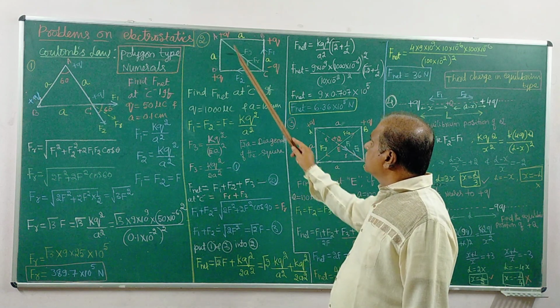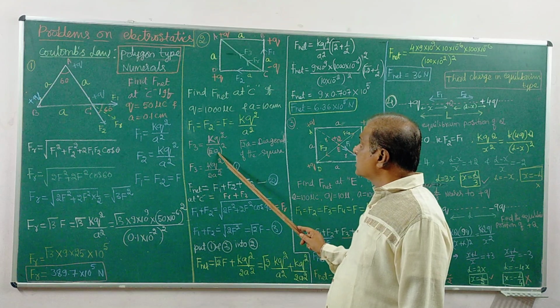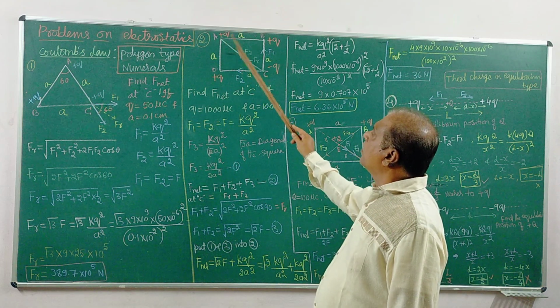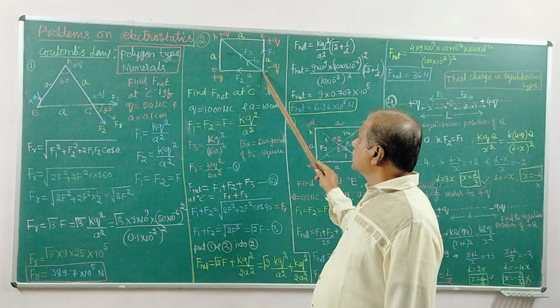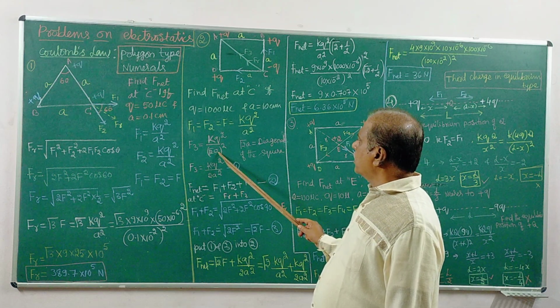It is again K q squared divided by the distance of separation squared. The distance of separation is not a, it is the diagonal of the square. You know the diagonal of the square is root 2 a.